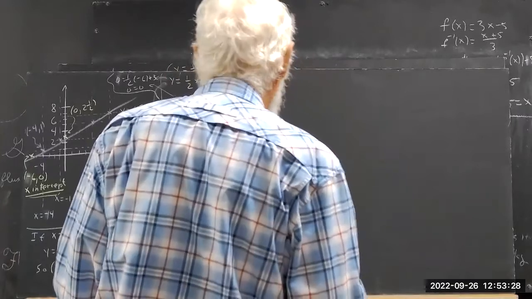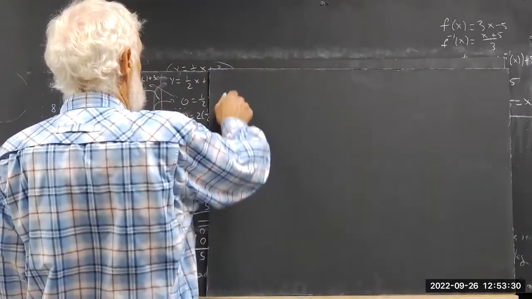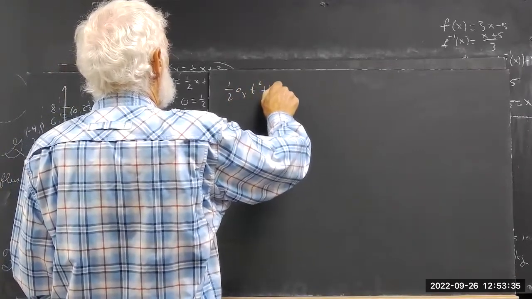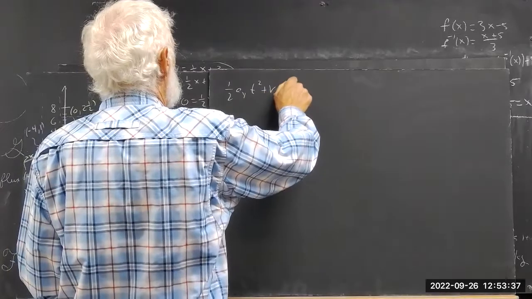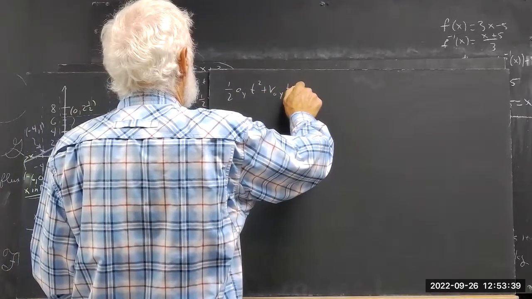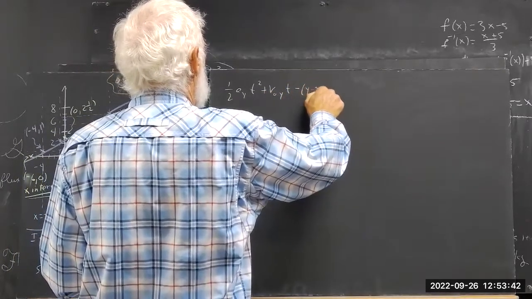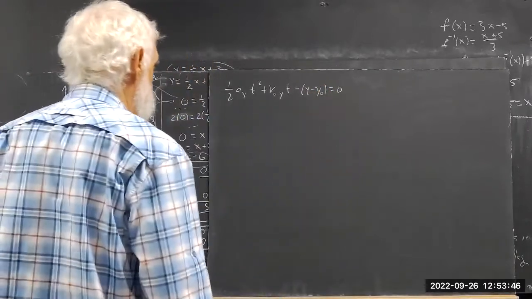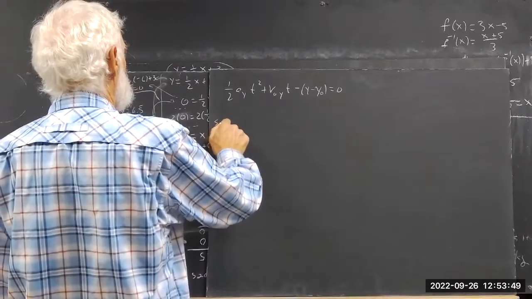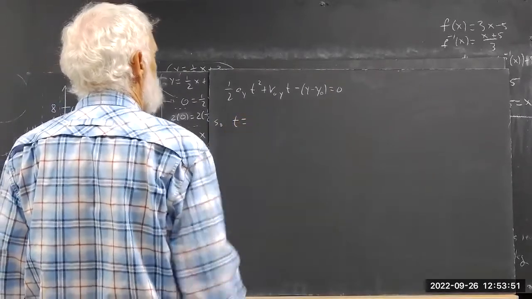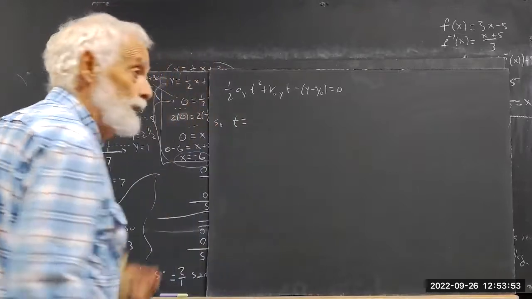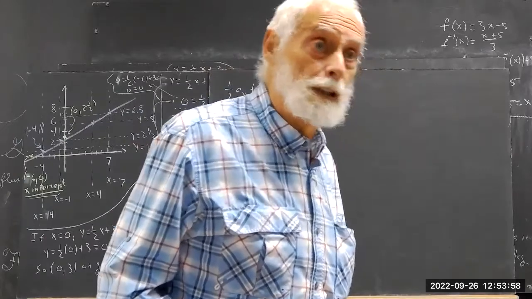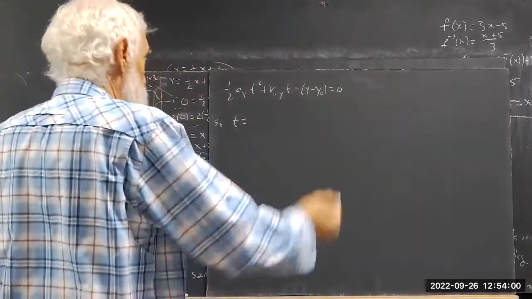Writing out the equation again, we have this. t equals, well, I assume everybody knows the quadratic formula. If not, get it into your head. Look it up, it's straightforward.